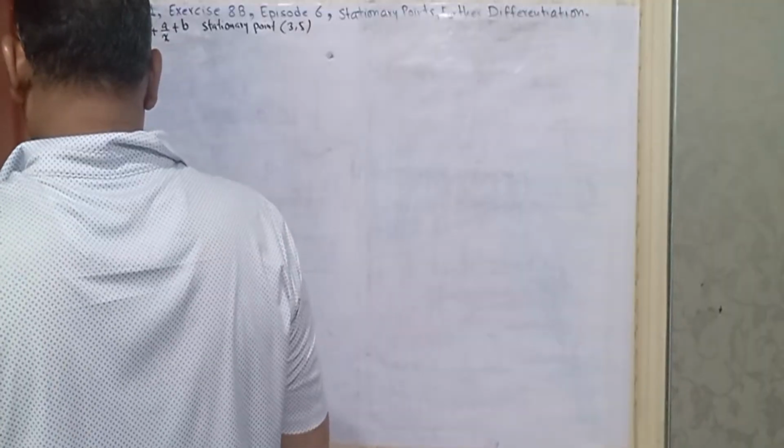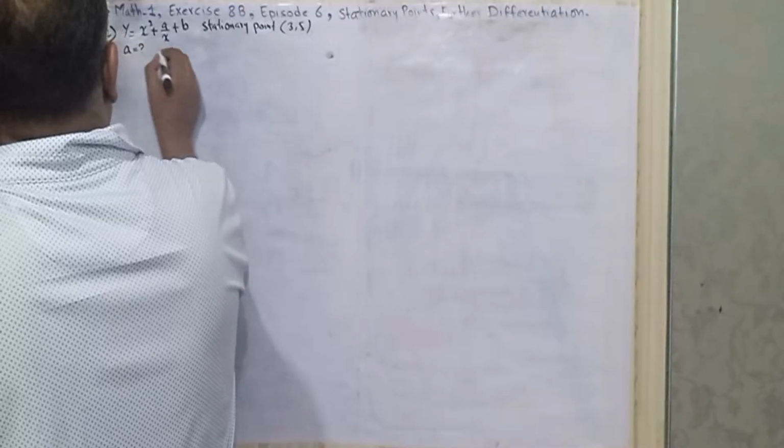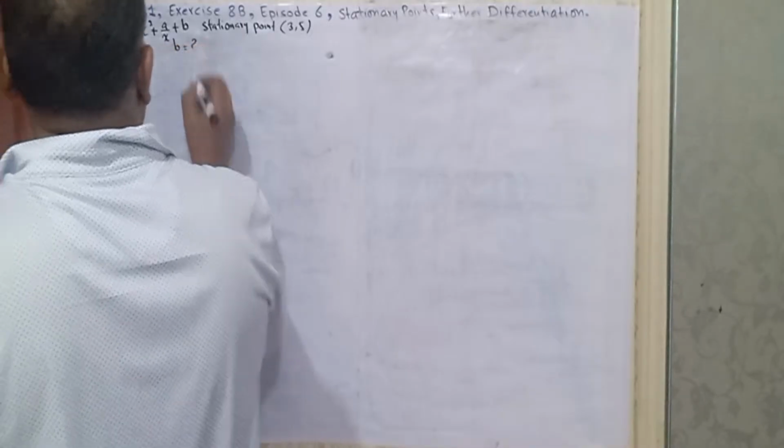Part A: find the value of a and the value of b.